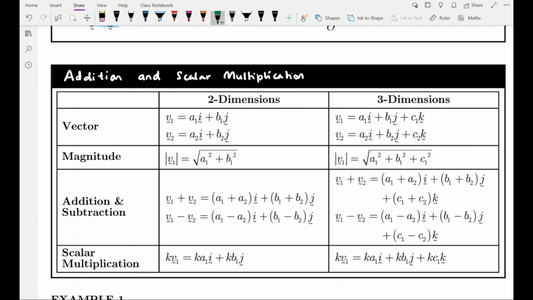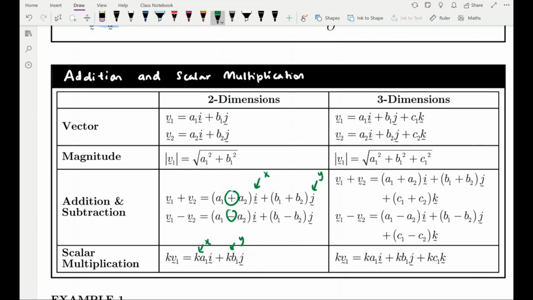First we look at 2 dimension. For addition and subtraction, we just plus or minus the value for the x-axis, which is i, and for the y-axis, which is j. When we have scalar multiplication, we just multiply the scalar with both the x-axis and y-axis.